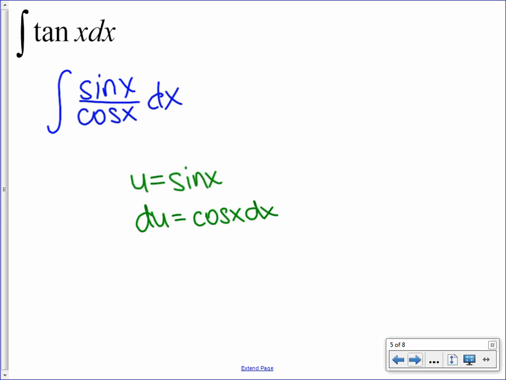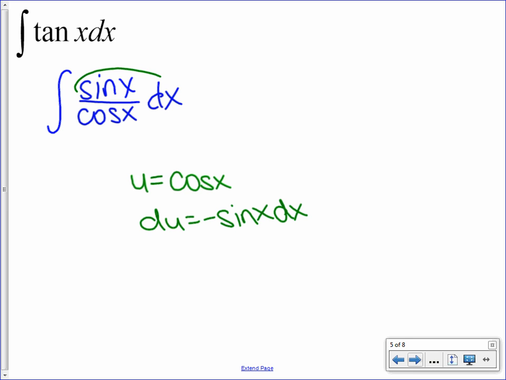Okay, this can't work because cosine x dx would require cosine to not be in the denominator. So instead we need to use u as cosine of x. That way our du, even though it's negative, has sine x times dx, which is in our integral right here.